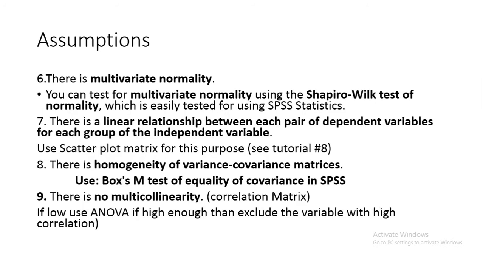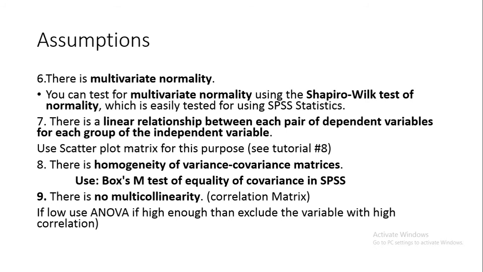There is multivariate normality. The response variables should follow a multivariate normal distribution. You can test the multivariate normality using the Shapiro-Wilk test, as we already performed in SPSS for the univariate case. There is a linear relationship between each pair of dependent variables for each group of the independent variable.